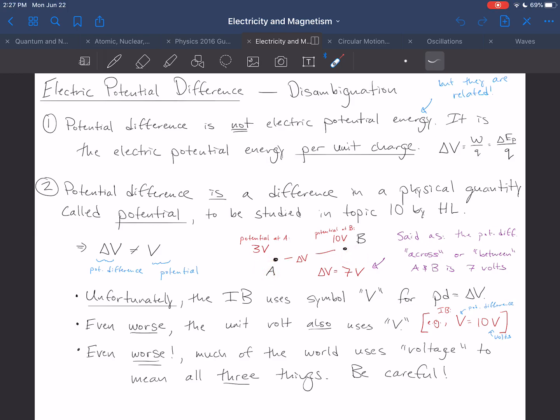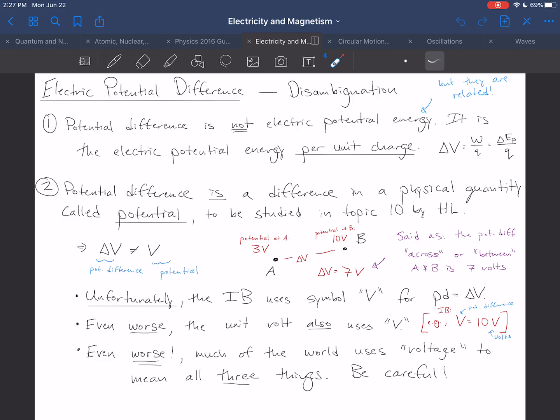Okay? Now, why is this even more confusing? Well, unfortunately, I think this is a real problem. The IB uses a symbol capital V for the potential difference. It also uses a symbol capital V for the potential. This is a lot like using H to mean both the height above the ground and the difference in heights above the ground.